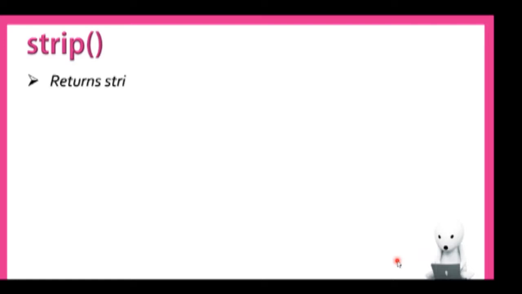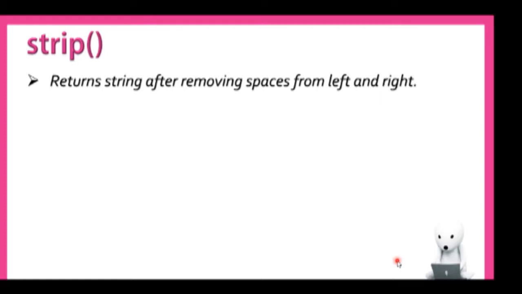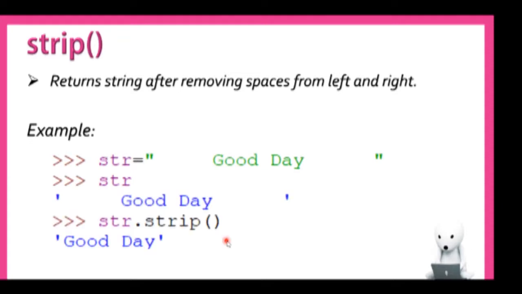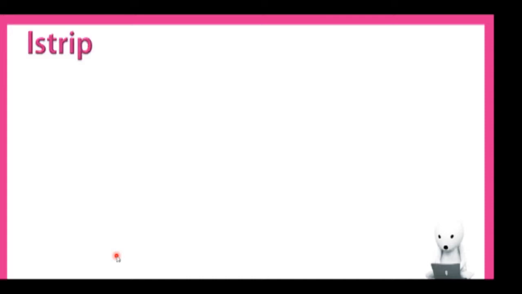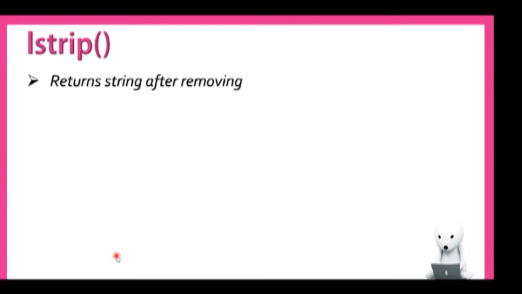Strip. It returns the string after removing all the spaces from left and right side of the string. Let's see its example. If I store good day with some spaces on the left and on the right to the string, it returns str is having good day with spaces, but if I use str.strip, it removes all the spaces. lstrip returns the string after removing spaces from the left.